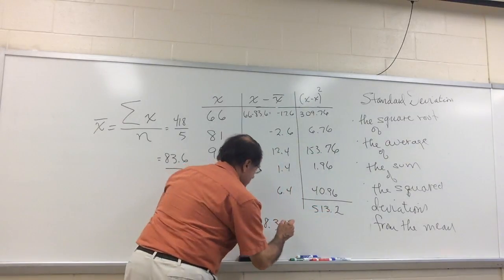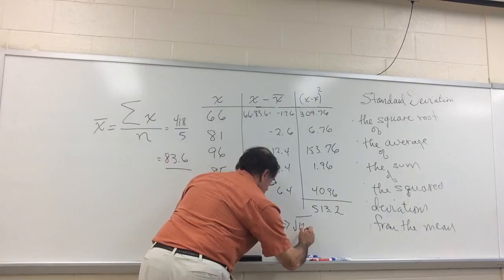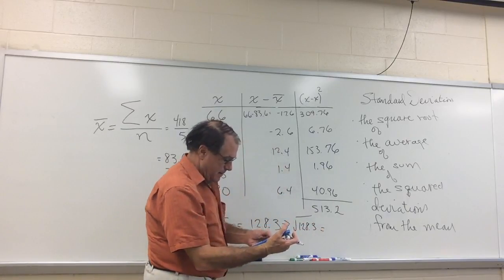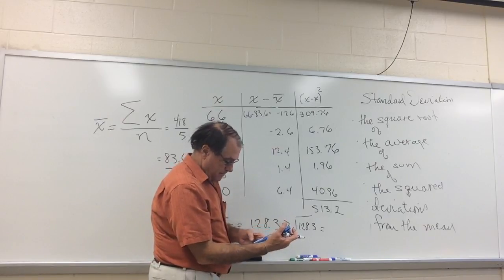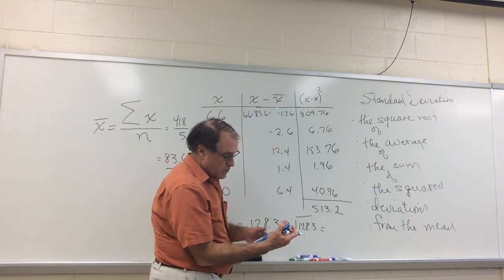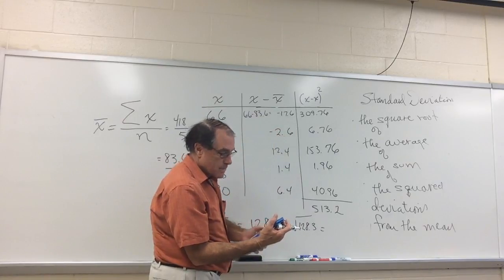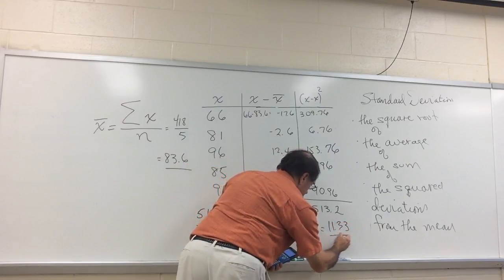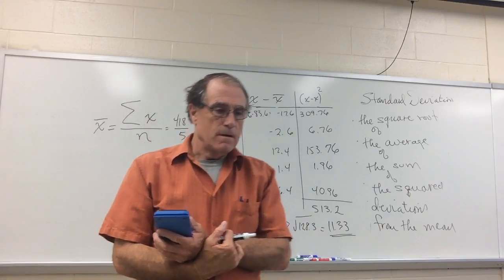The square root of 128.3, rounded to 2 decimal places, is 11.33. You got it, 11.33, and that's our standard deviation. Is that clear?